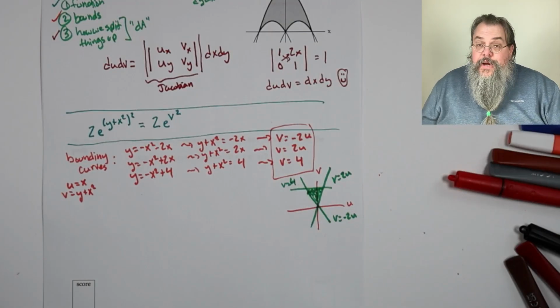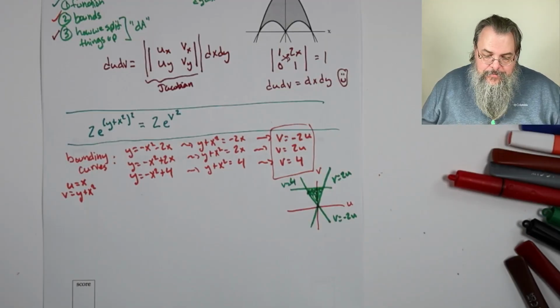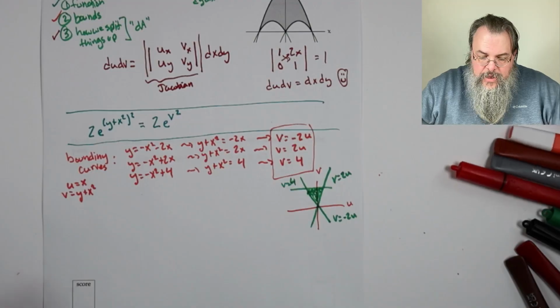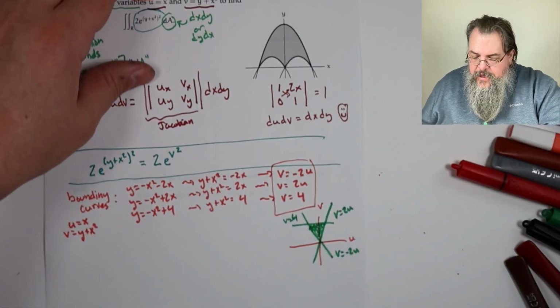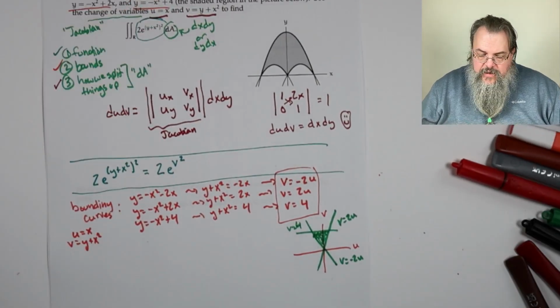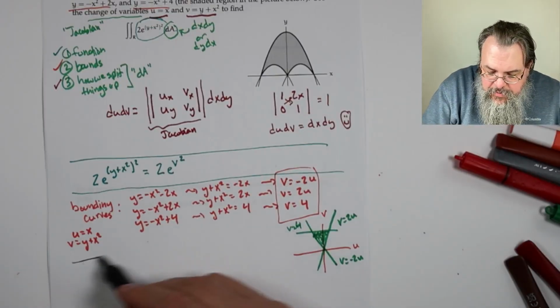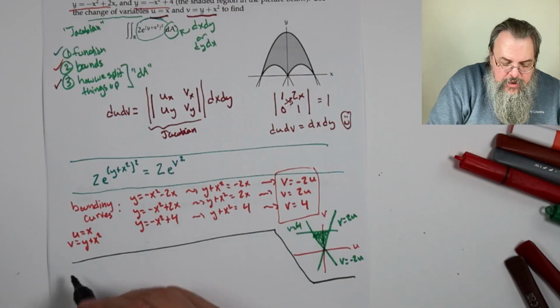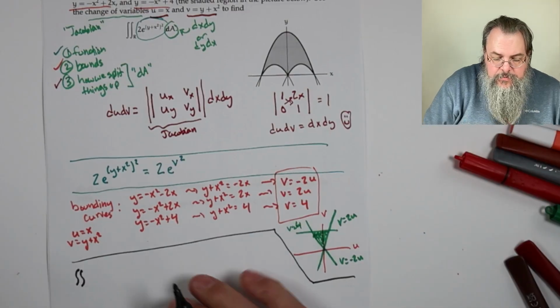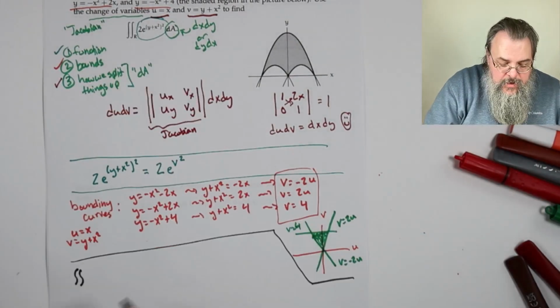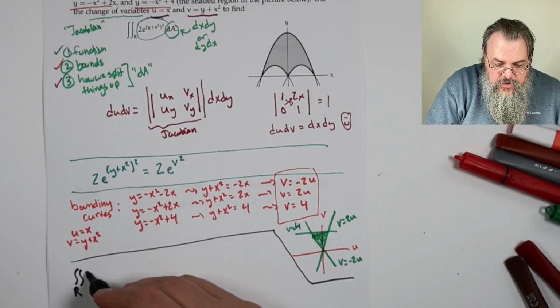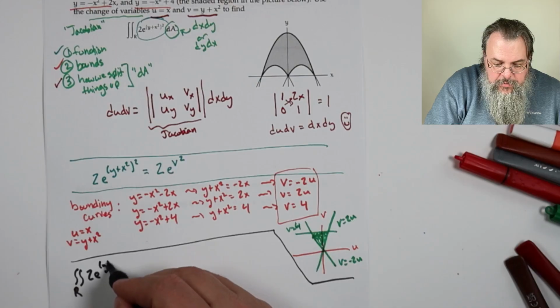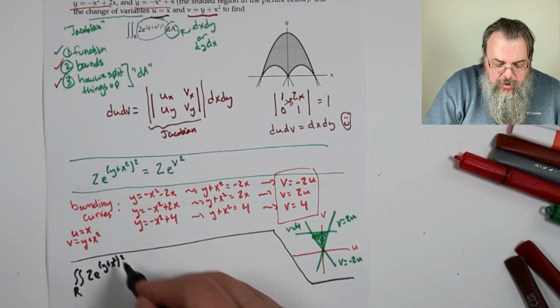Well, we're ready to put it all together. So we had, this is almost off the top of the screen now. Let me pull it back down. And we're going to put all these pieces together. So we have our original integral here over our region of 2e to the (y plus x squared) squared.